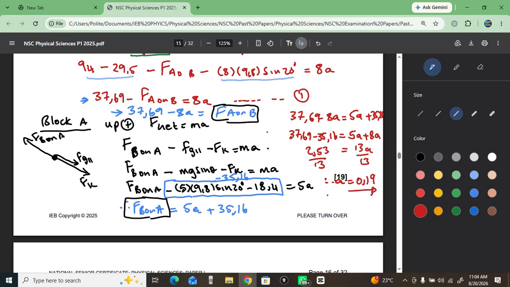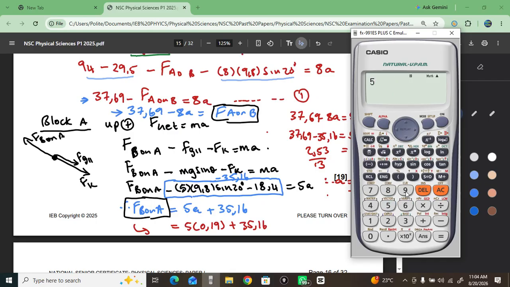How will this help us to find the force that they are looking for? We can use one of these formulas. We remember they are equal. We can say this force will be 5, then where there's A, you put that 0.19. Then you're going to add 35.16. So we just have to substitute and say 5 into 0.19, close the bracket, then we add that 35.16.